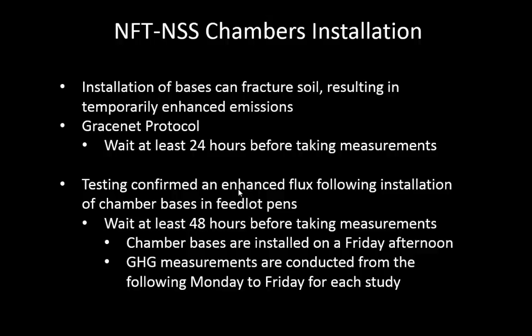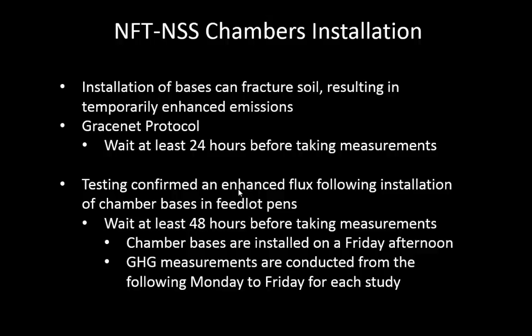The GraceNet protocol calls for waiting at least 24 hours before you take measurements. We trialled this in some of the experimental feedyard pens and confirmed that when we drove our base in, we ended up with an enhanced flux rate. We decided that we would wait at least 48 hours before taking measurements.